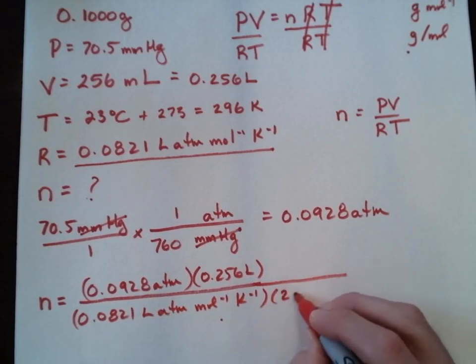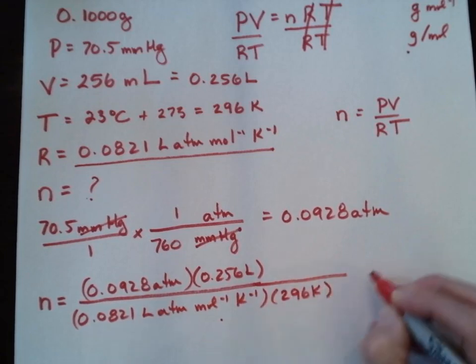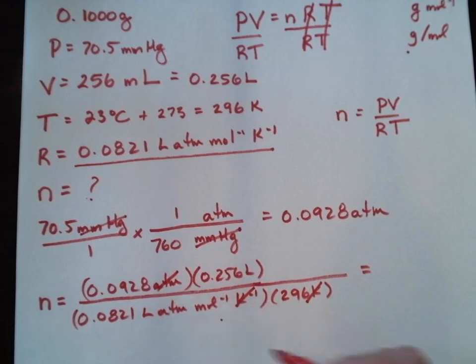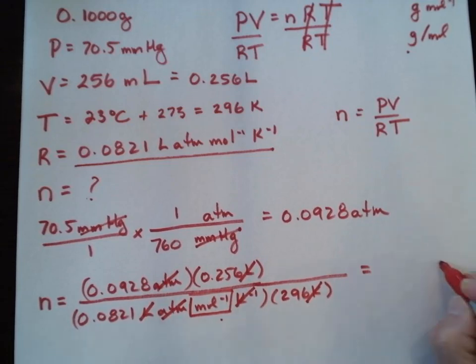And then we'll also divide by 296 Kelvin. On the denominator, Kelvin cancels inverse Kelvin. An atmosphere in the numerator cancels an atmosphere in the denominator. The same happens with liters. The only unit we're left with is a mole, which is good because that's what I'm looking for.